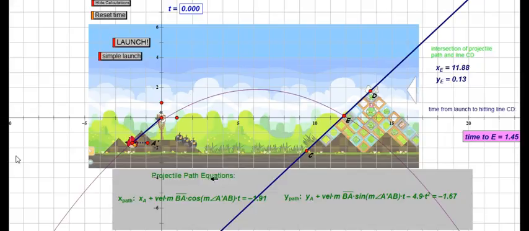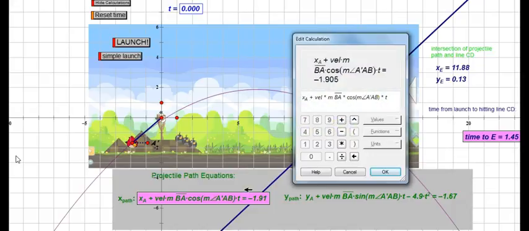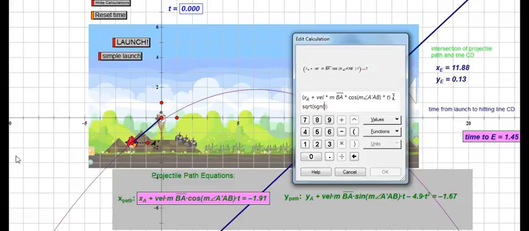Here are the projectile path equations that I used and you used from the very beginning. So now I want to restrict this so that it only graphs for the time from 0 to, right now, 1.45 seconds, or in general, this calculation time to E. So I will double click on either one of these, and I will divide it by the square root of the signum of that value minus the time.